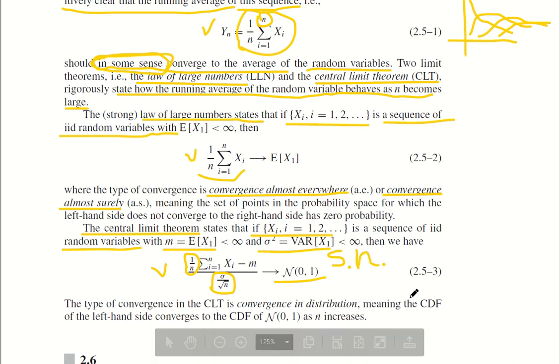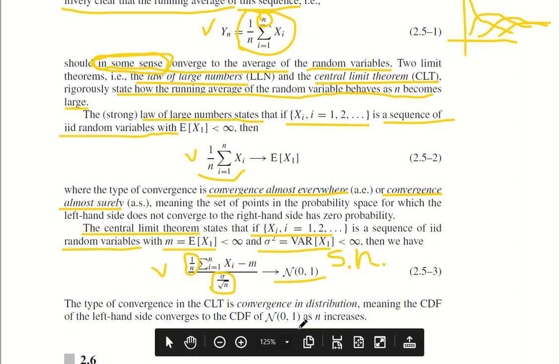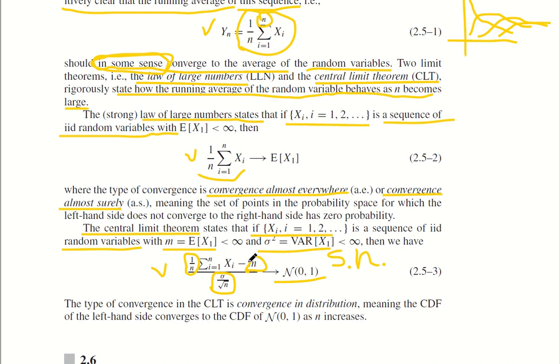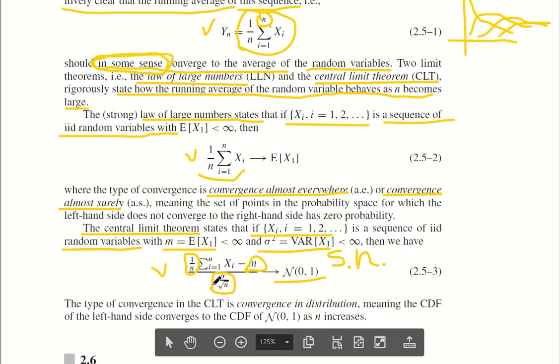Then how come? Think about this. You have subtracted m, and you divide it by sigma over square root of n. This is the normalization, right? This process is called normalization.